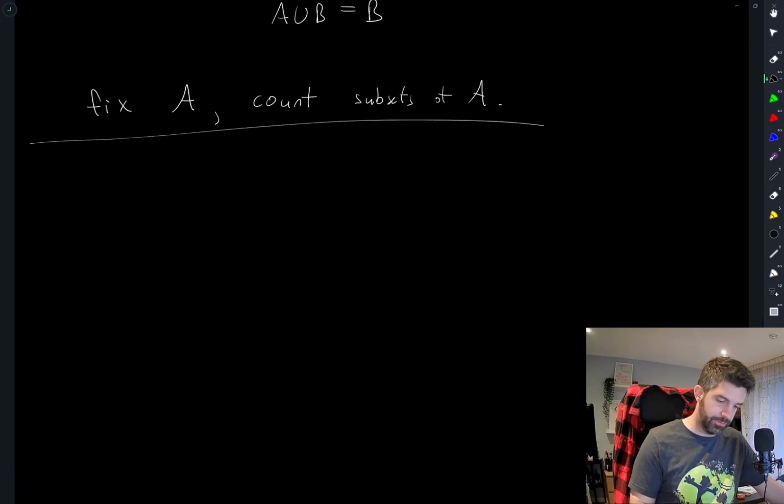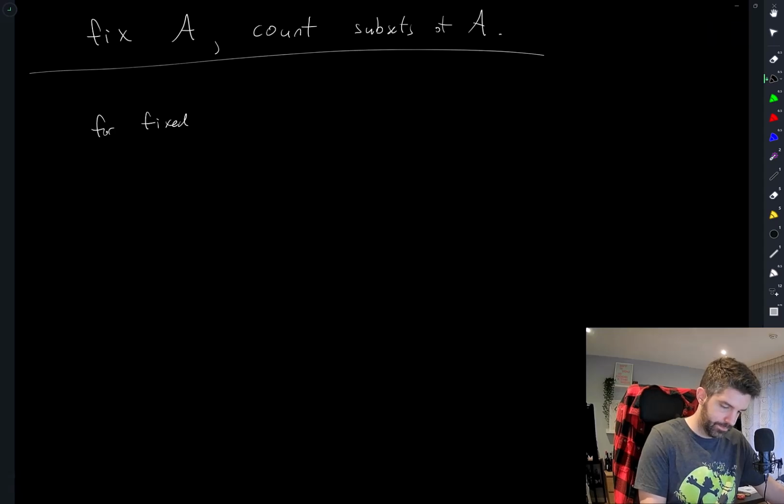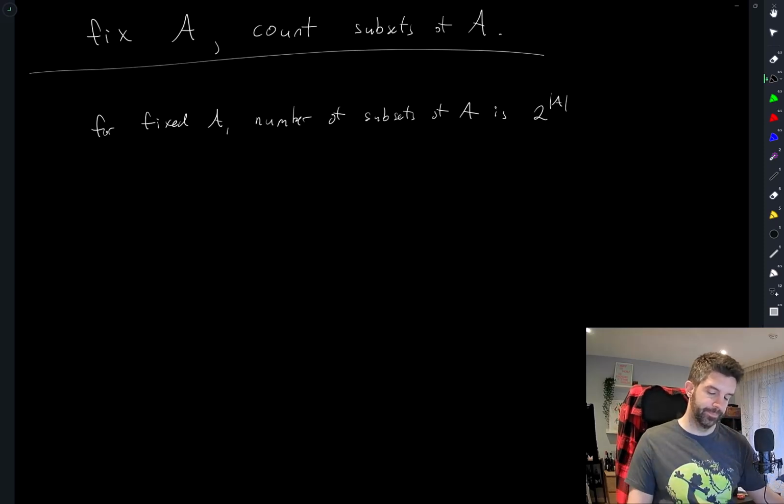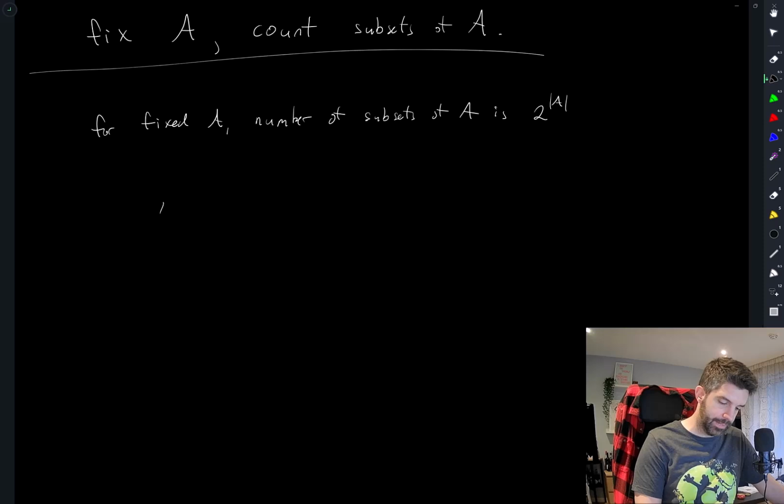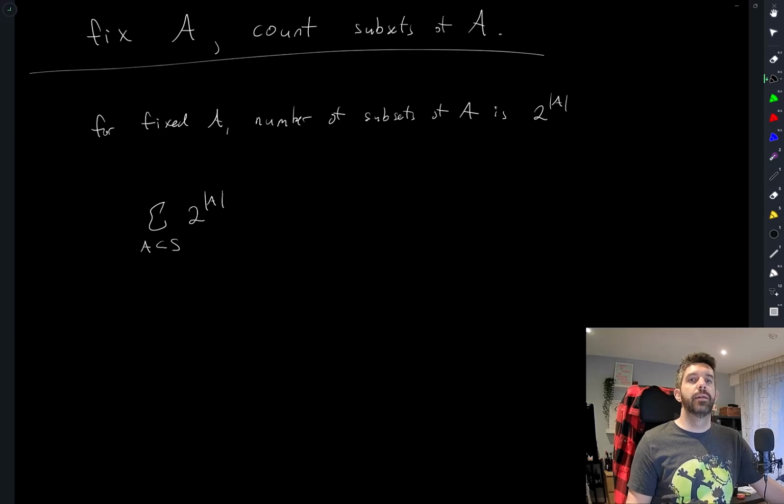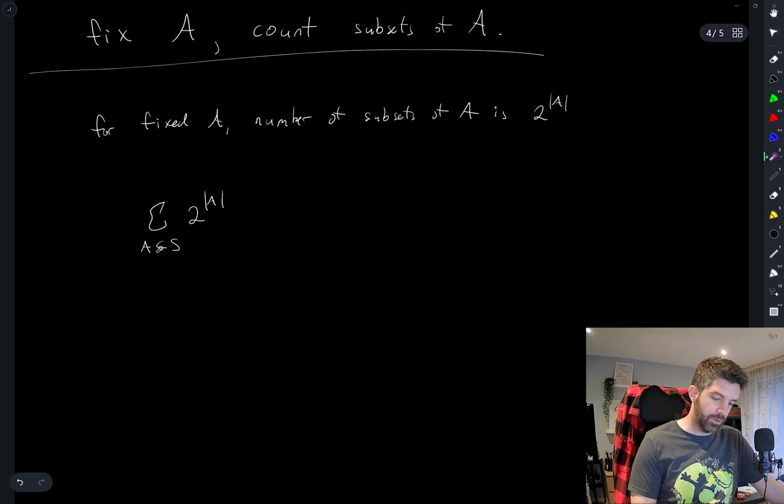Okay. So for fixed A, the number of subsets of A is 2 to the cardinality of A. And so now what I want to do is add 2 to the cardinality of A as A ranges over all subsets of S. So I need to count how many sets are there of cardinality 0, how many are there of cardinality 1, how many of cardinality 2, and so on.